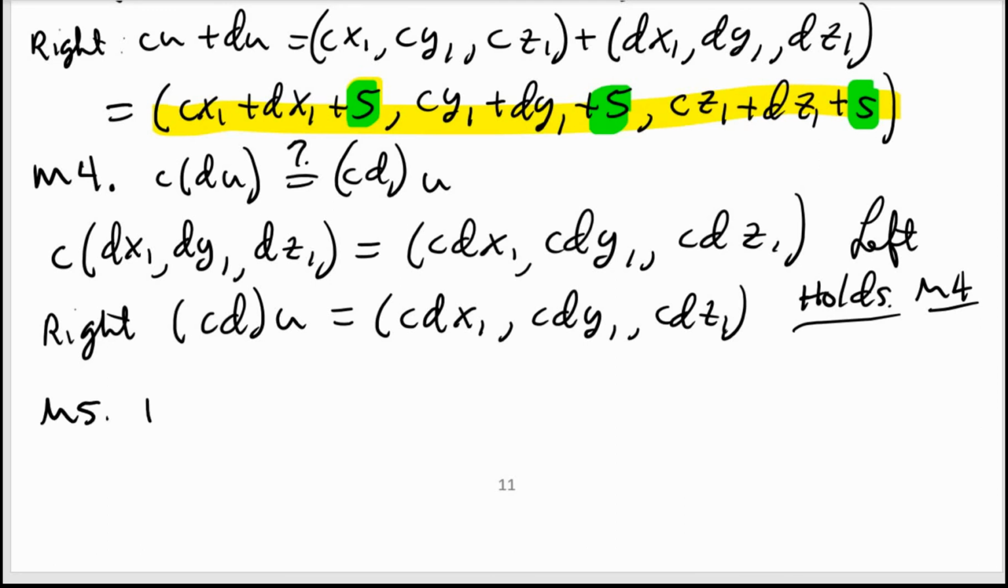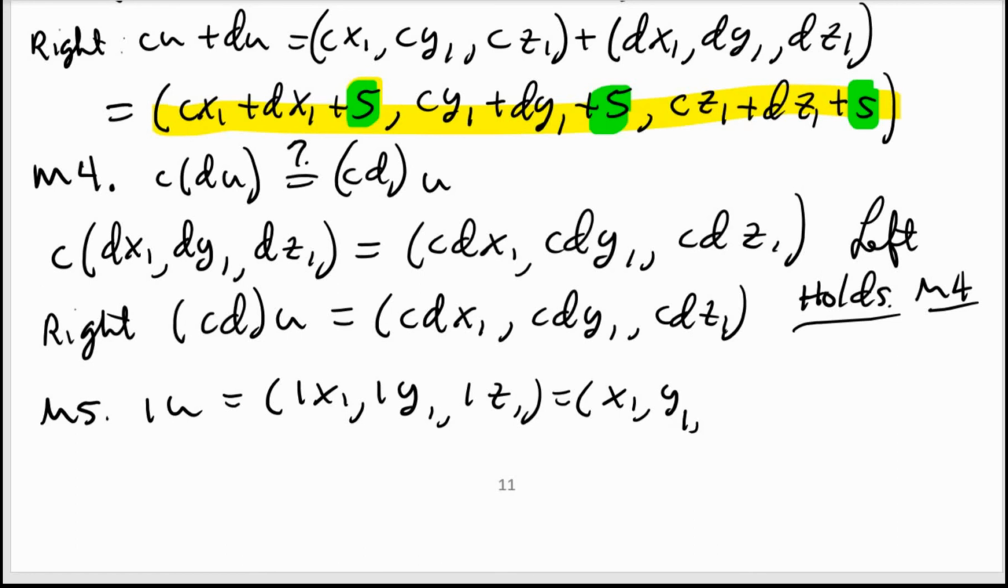And then M5, 1 times u is 1 times x sub 1, 1 times y sub 1, 1 times z sub 1, and that's equal to x sub 1, y sub 1, comma z sub 1, and that's equal to u.